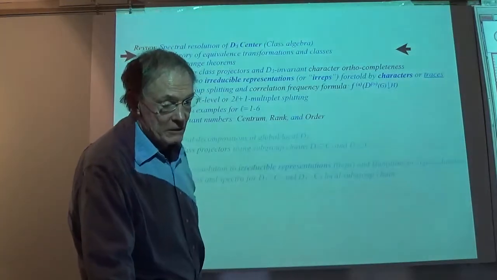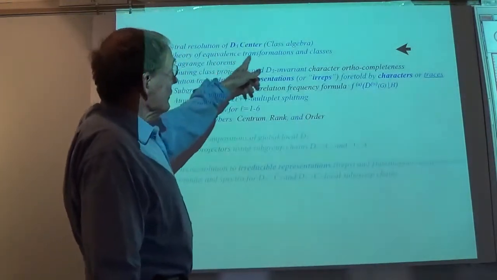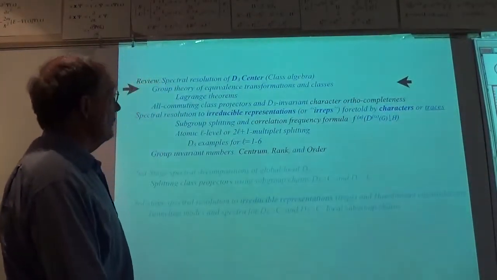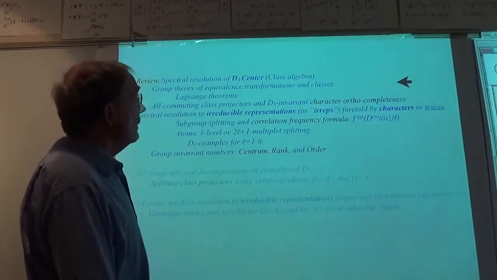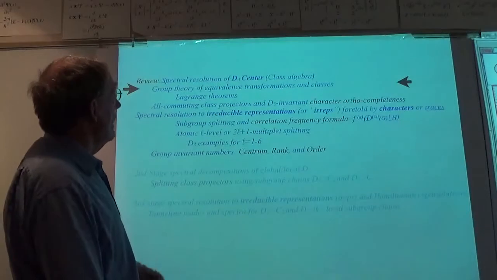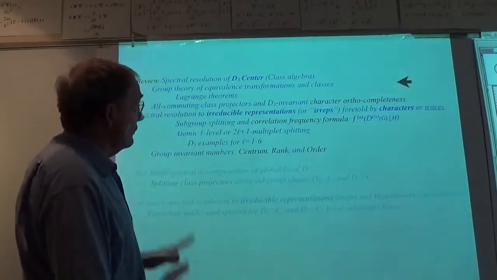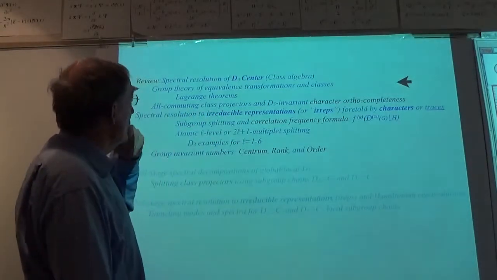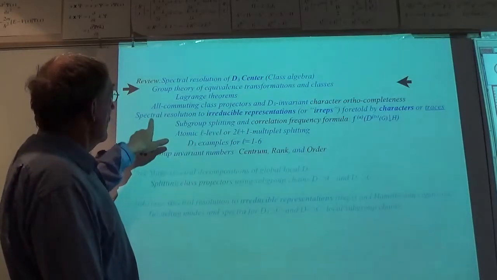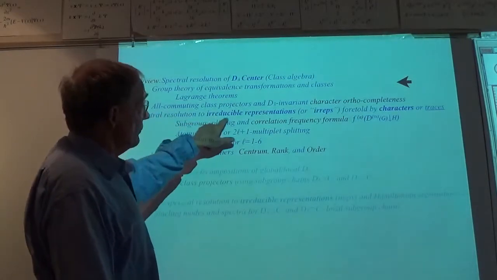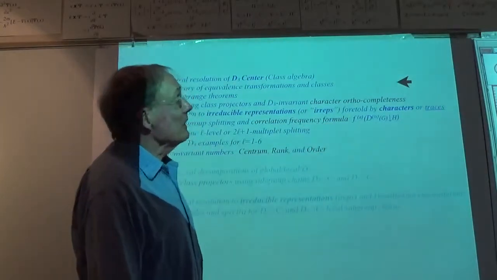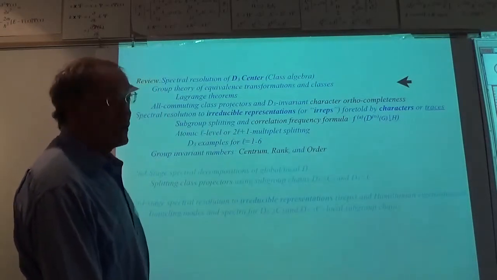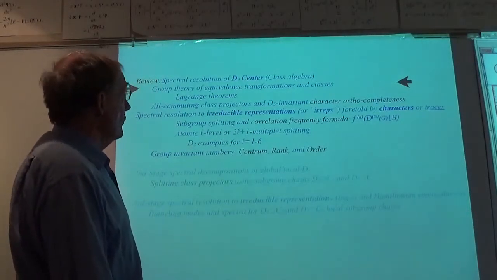Now, we're going to begin here by reviewing just the ideas of the equivalence classes. That's the three classes of this particular group. The class algebra is three-dimensional, and these classes span that. The Lagrange theorems of class algebra, we'll go through that very quickly, and the projectors that we produced last time, I'll also go through that. Then I want to use that spectral decomposition in the form of a character table, the characters being the traces of the various algebraic elements that we make.